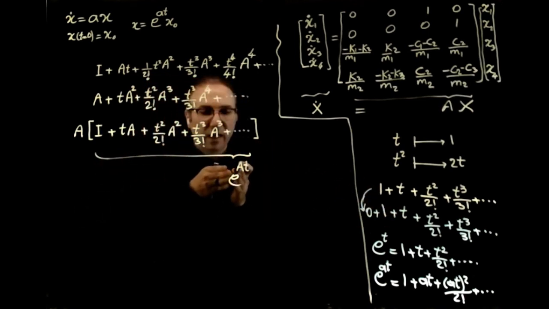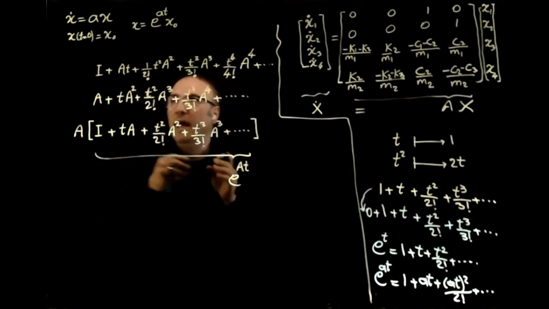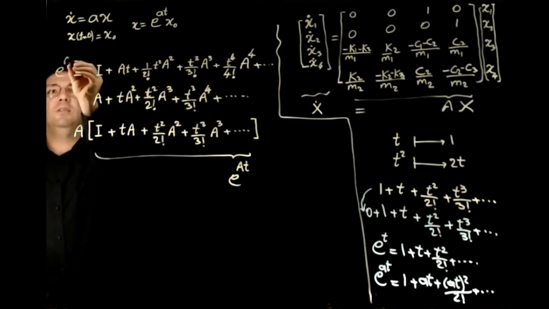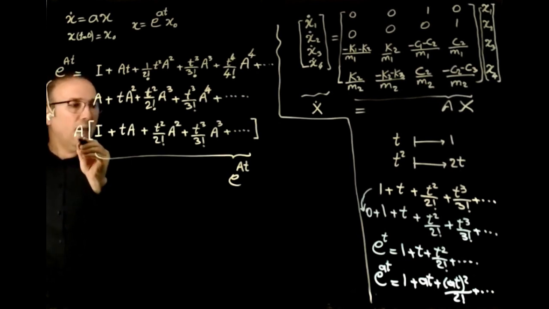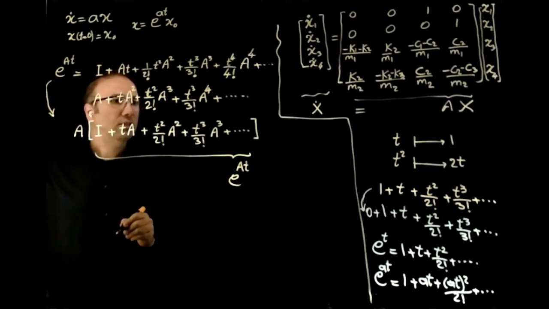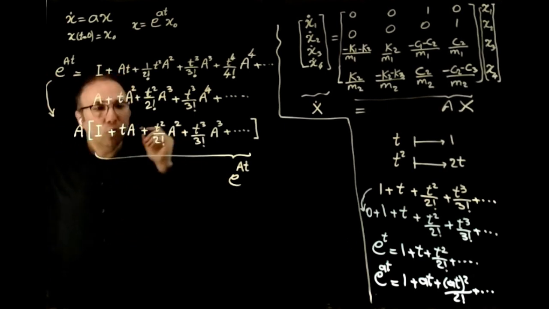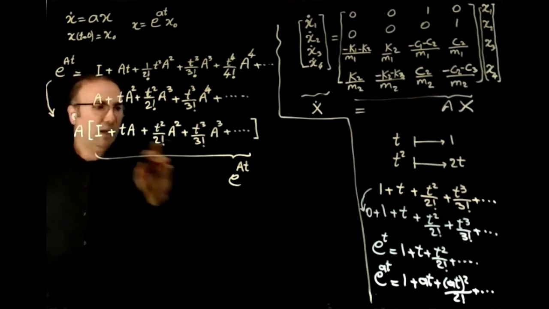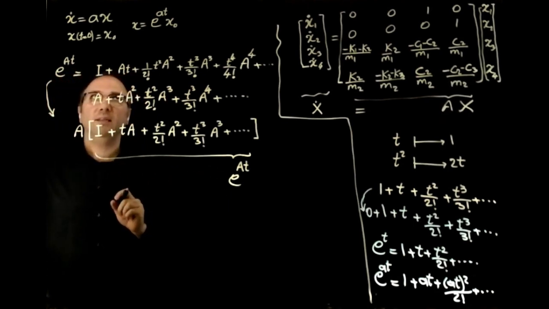And we see that the derivative of e to the power of At is A times e to the power of At.